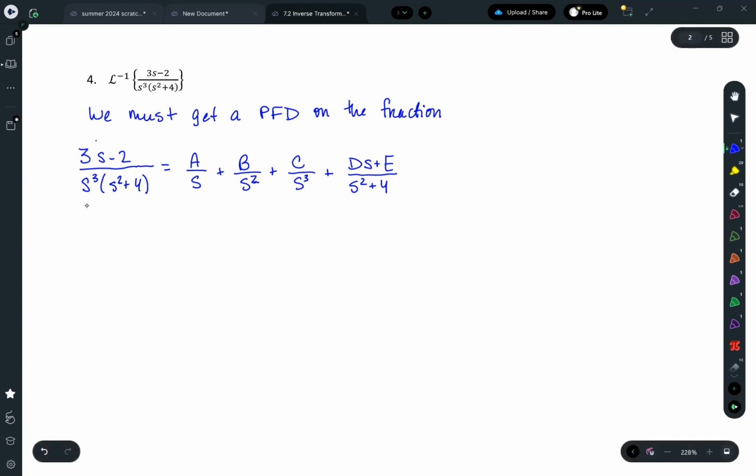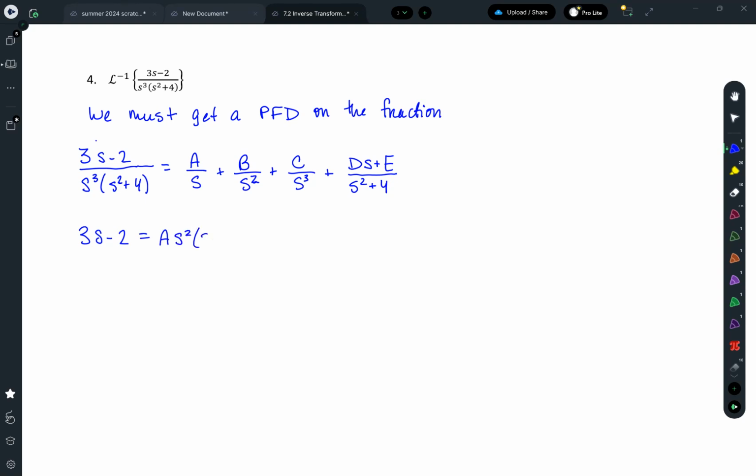When I do that, the fraction on the left becomes just 3s minus 2 because the whole fraction clears. And that's equal to a. When I multiply the a over s by the common denominator, I'm left with an as squared times s squared plus 4 because one of the s's divided out with the s on the bottom. Plus b, the b over s squared.